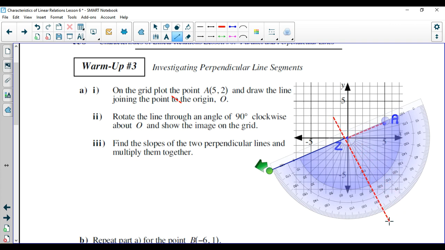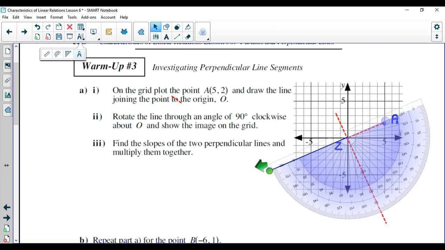Okay, we've got to move it a bit. Not quite there. So let's just adjust the line a bit. Okay, so the rotated point is going to be somewhere along that line because that'd be a 90-degree clockwise rotation on the protractor.